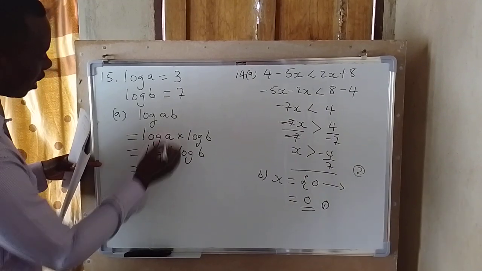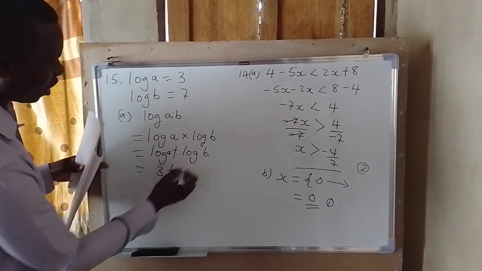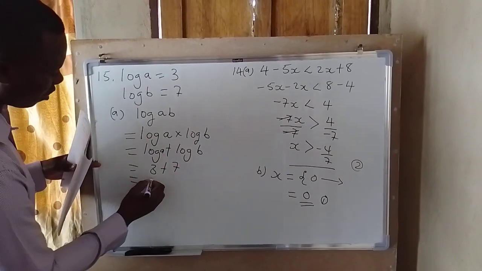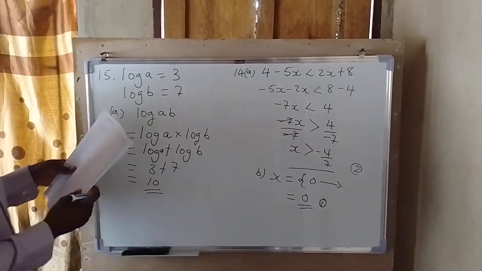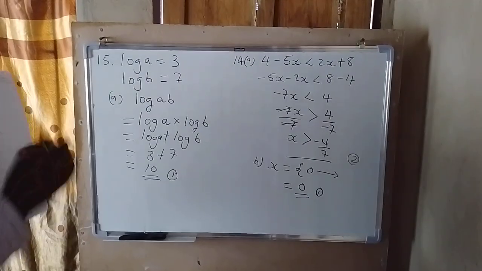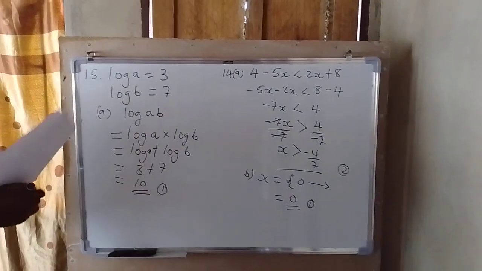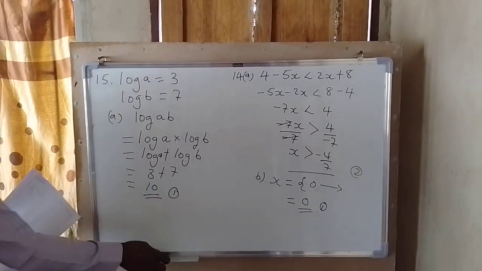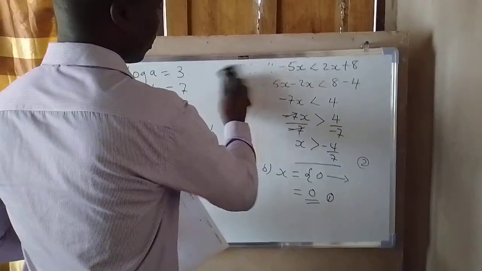So log A is 3, log B is 7. So this is 3 plus 7. We get 10 for 1 mark. No problem with that one.